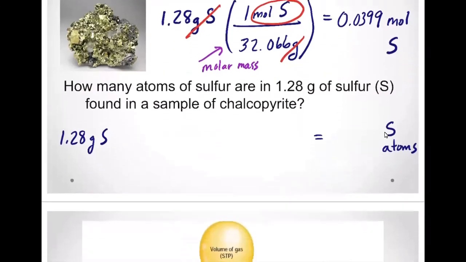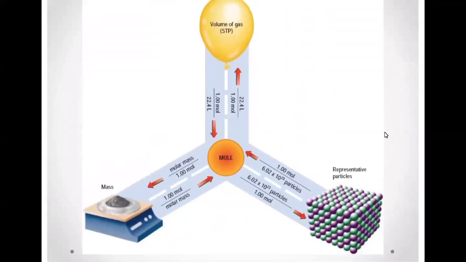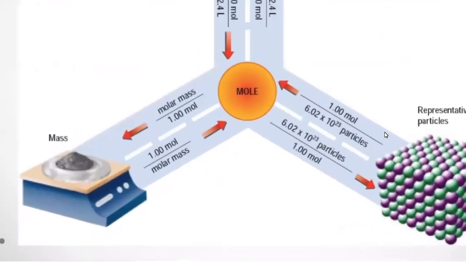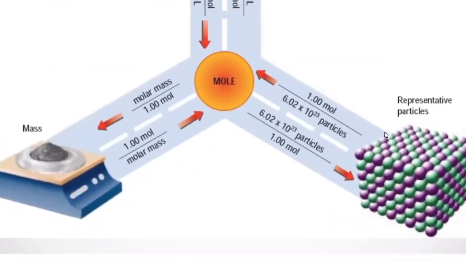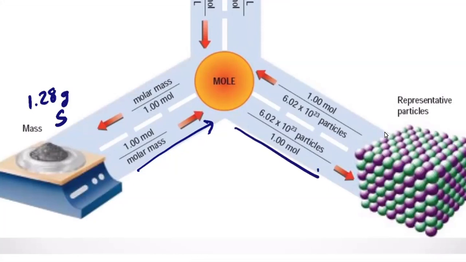So let me just show you the next slide, just specifically here. Okay, so if we were given the grams, like in this case, 1.28 grams of sulfur, we would have to first go to moles, right, by using the molar mass, like we just learned, and then we can use Avogadro's number to get to particles.